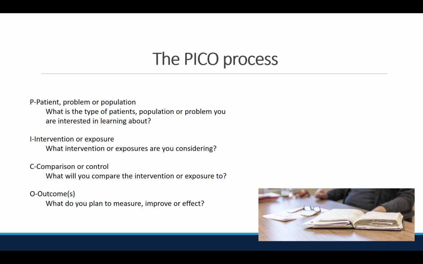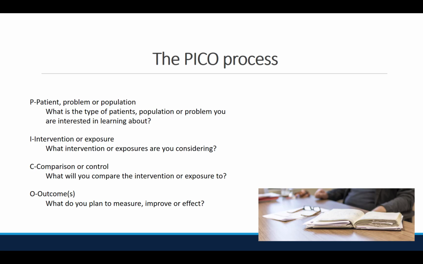The PICO process. This process is a mnemonic that can help formulate and answer healthcare-related questions. The acronym stands for P, patient, problem, or population. What is the type of patient's population or problem you are interested in learning about? I, intervention or exposure.